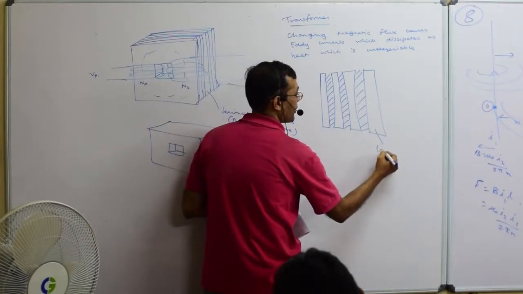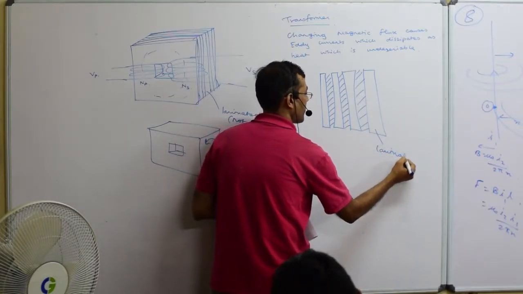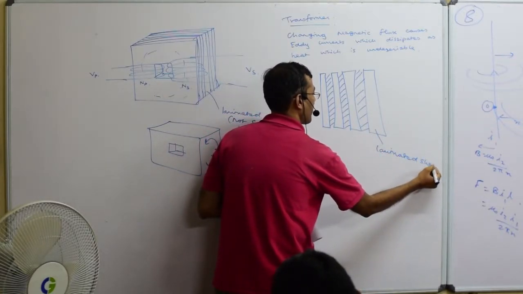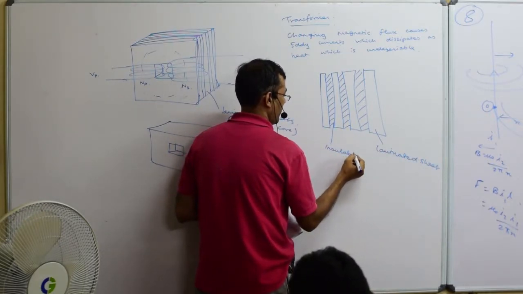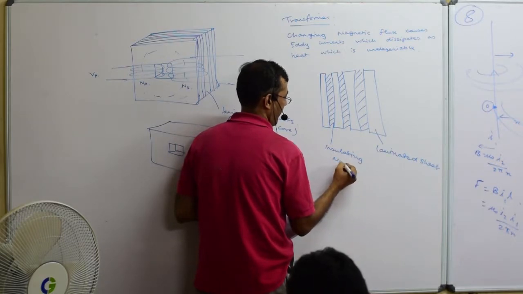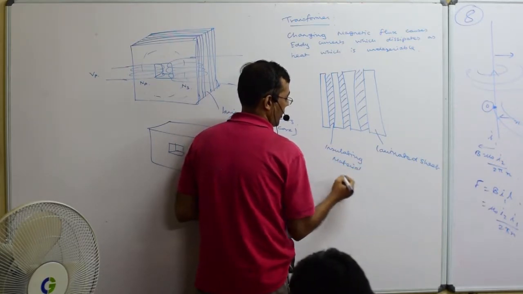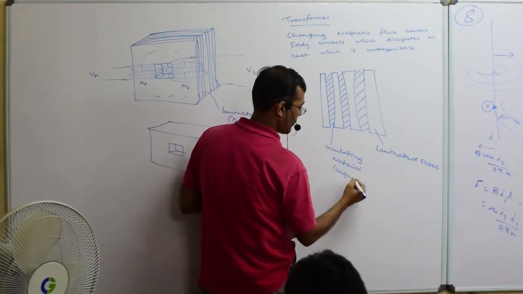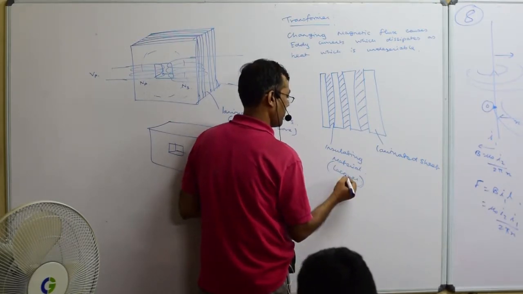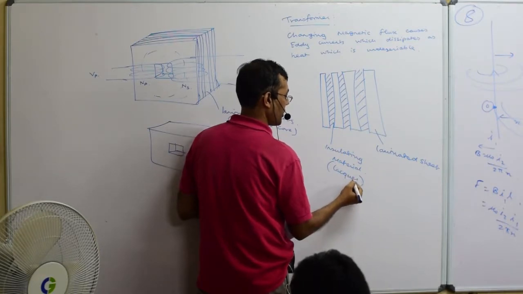This is your laminated sheets. This is your insulating material. And the material used here, which is given in your book, is lacquer. Lacquer.